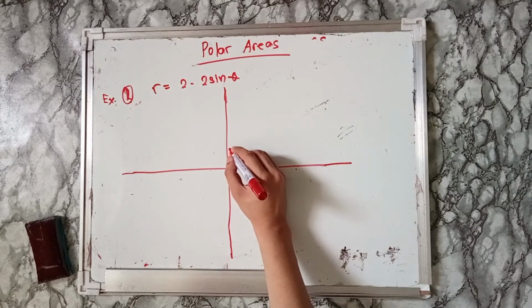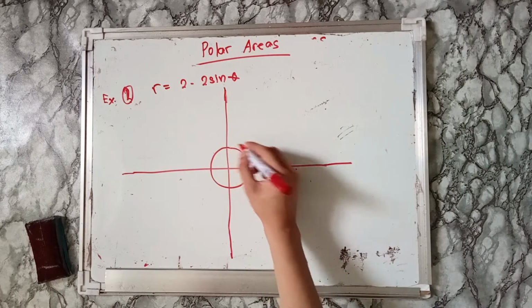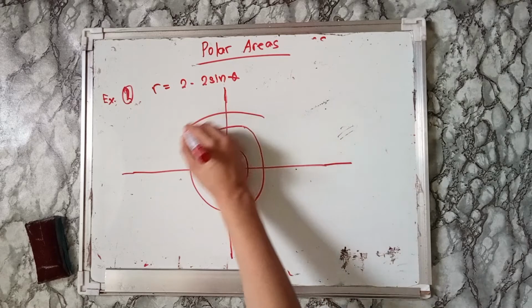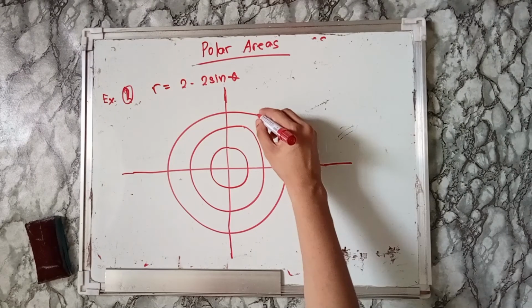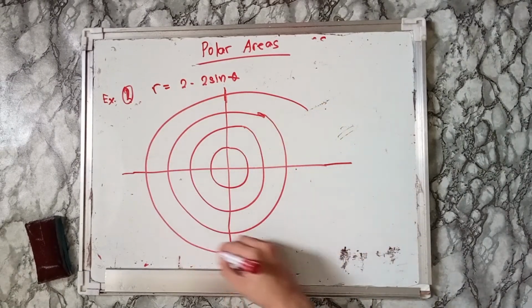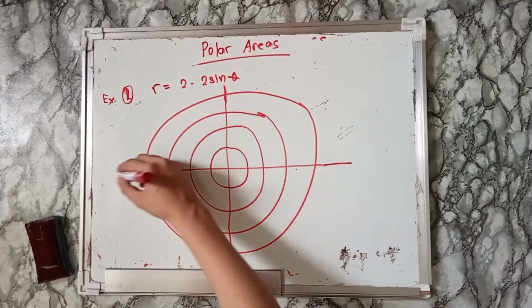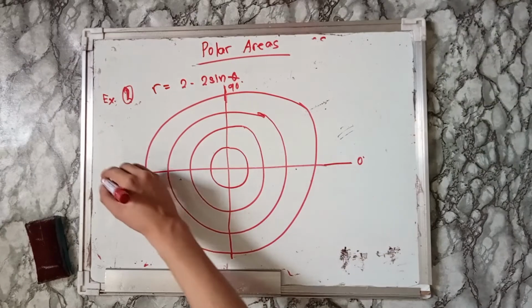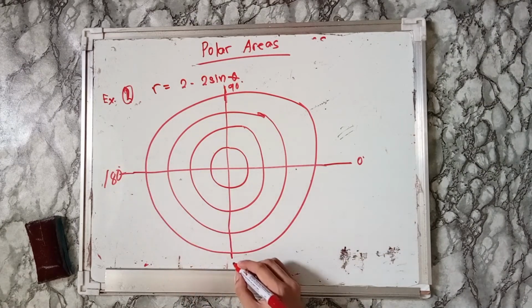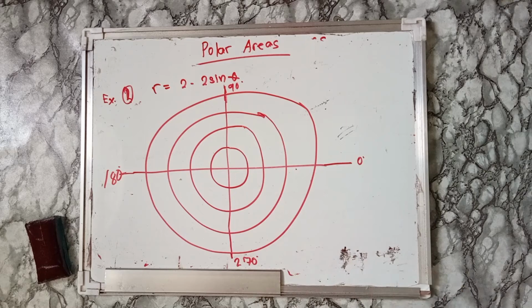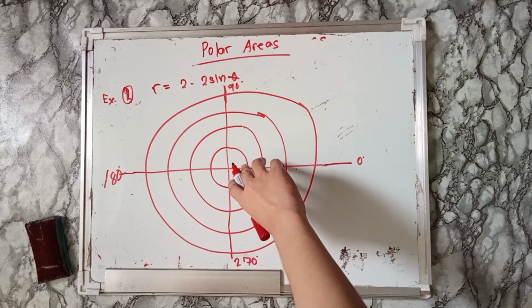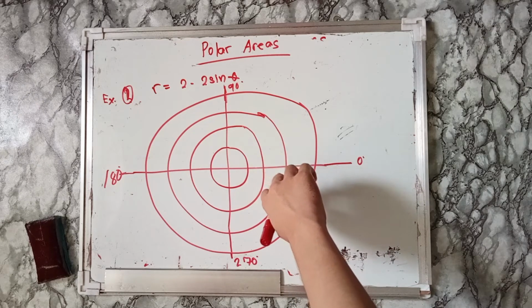So let's say this is radius 1, radius 2, radius 3, and radius 4. So this is 0 degrees, 90, we have 180, we have 270. So according to the problem, we need to plot the points.